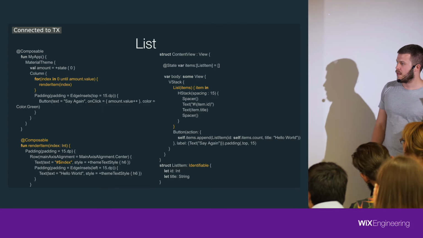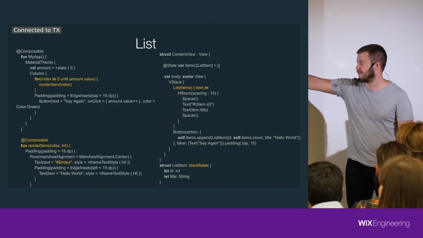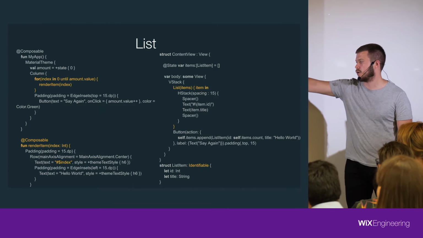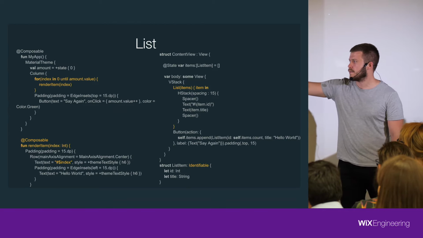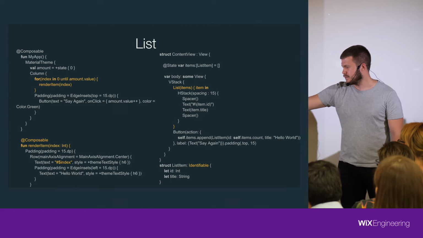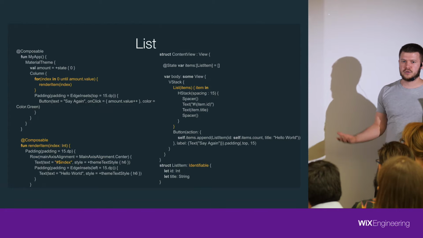And as we see, we use a list and we iterate over items, and we create items in Compose. It's different, yeah, because in the example on the left, I don't use a model for items because I don't have to use a key.